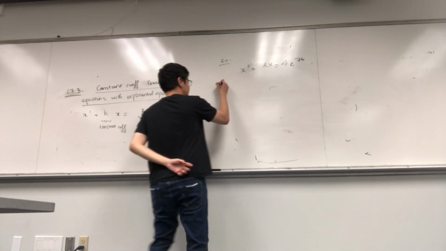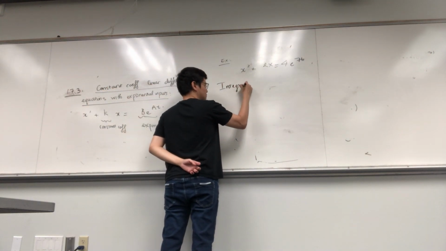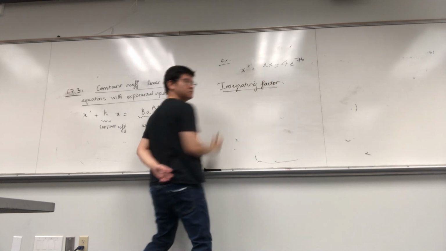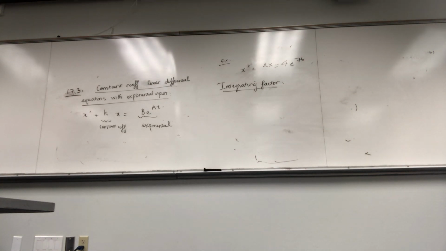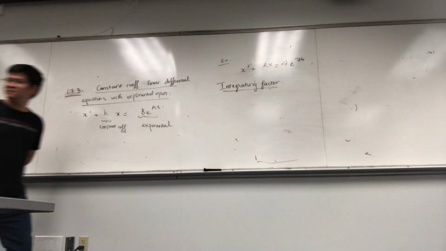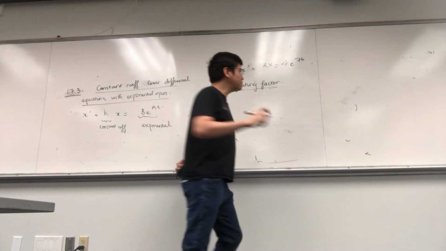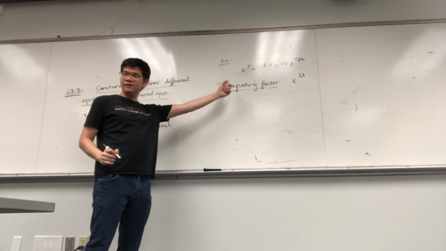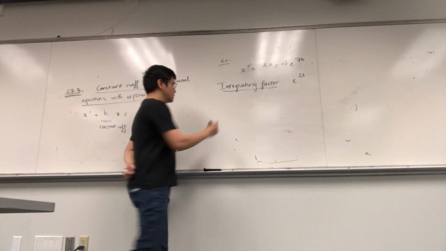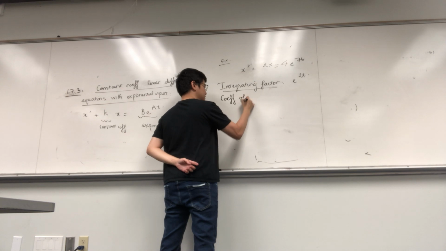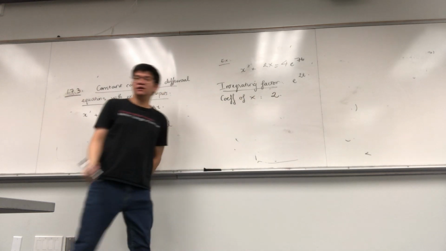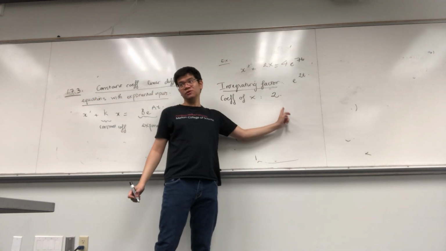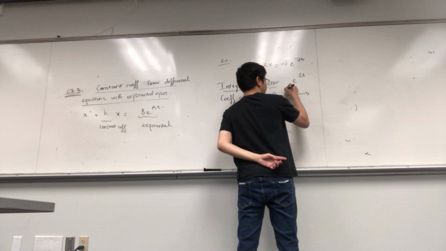So what is the integrating factor? The integrating factor will be e to the 2t. Why? Because in this case, the coefficient of x is 2. You take the integral of 2, the antiderivative.